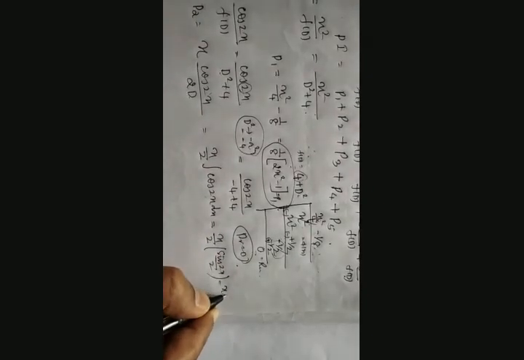Therefore x divided by 2 into, what is integration of cos 2x? That is sin 2x divided by 2. Therefore this is equal to x into sin 2x divided by 4. So this is P2. Then we'll go to P3.